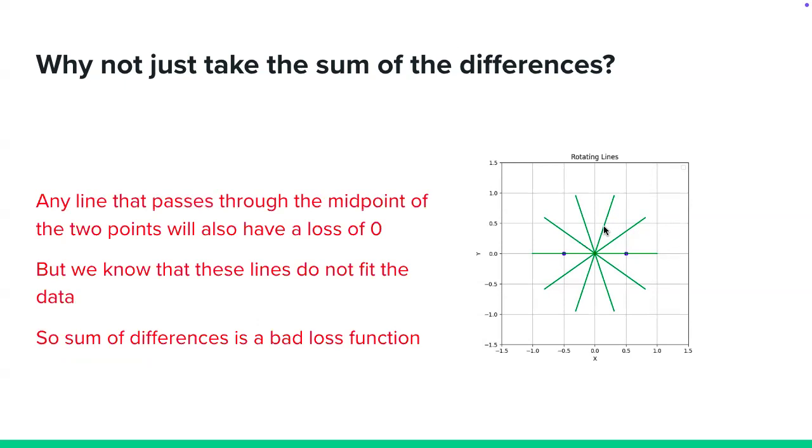But we know that for a fact, these lines don't represent the data because there is only one line that represents the data. And the line that represents the data passes through these 2 points. So that means that if we use the sum of the differences, that is a bad loss function because we're going to get the wrong model, or there is a possibility that we can get the wrong model.